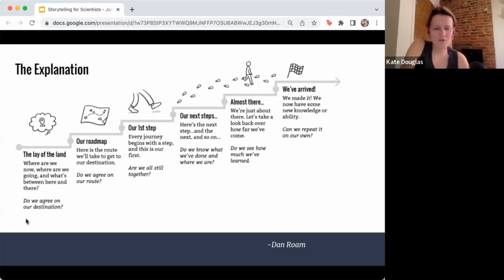For Michelle, the roadmap is how to adapt garden magazine design plans, swapping out the non-native plants with native plants. Oh, very exciting. Yeah, do we agree on the route? Very interesting question for that sort of proposition.